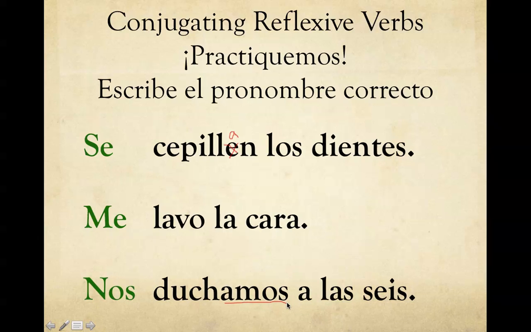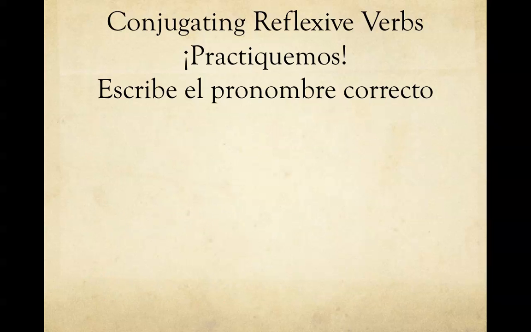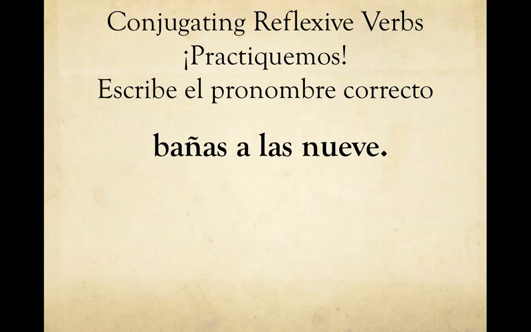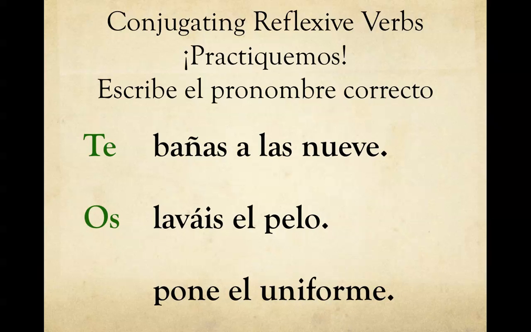Nos duchamos a las 6. Pretty easy, right? So let's go through the rest kind of quickly. Bañas a las 9. Okay. Laváis el pelo. So again, before it was la cara, which is the face. El pelo is hair. So, vos. And then pone el uniforme.